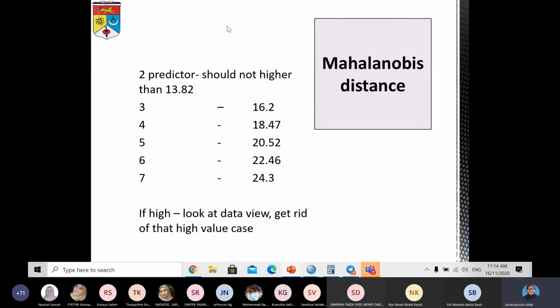If you have 2 predictors, it should not be higher than 13.8. If you have 3, it is 16.2. So this must be handy when you're doing this statistic test. Actually, if you have Allen's SPSS book, this is inside that book.